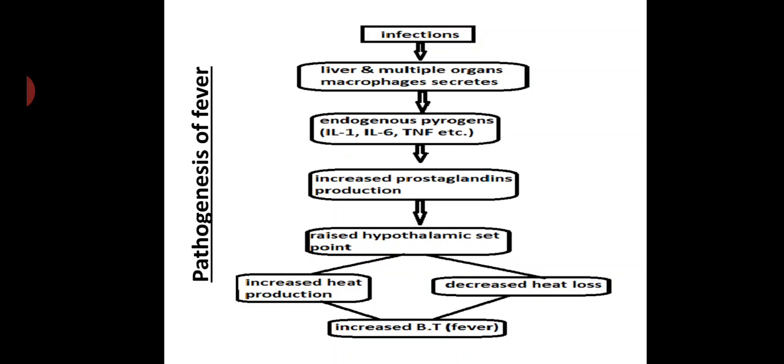It will inhibit prostaglandin production, and therefore it will prevent the change in the hypothalamic set point. So our body temperature normalizes. Most of the antipyretic drugs will act by inhibiting the increase in prostaglandin production.